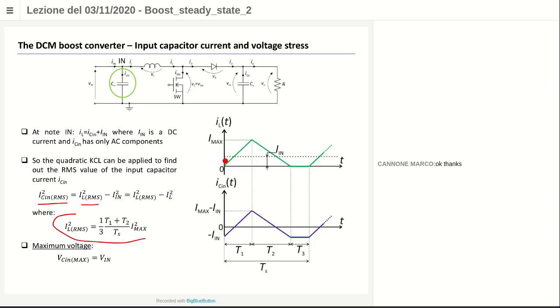So we have Imax square here, and then you have to compute this as Imax square times 1/3 of the area of the rectangle, T1 plus T2 over Ts. This is the expression. Then you can put this expression over there, and then you can compute this.